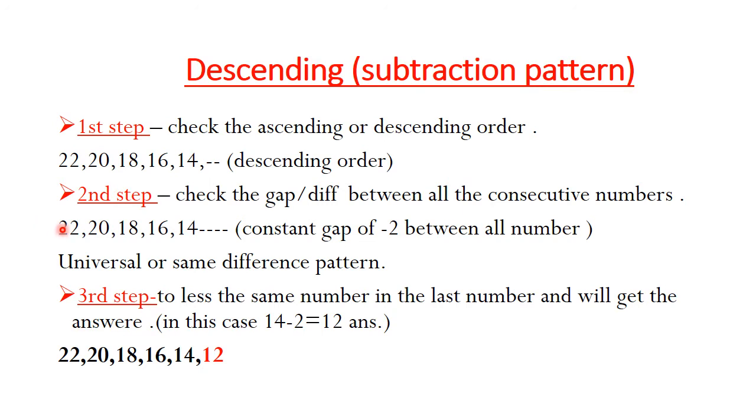If we check the difference between all the numbers, it comes to 2, but minus 2 because the series is decreasing. So whatever the constant difference number, we have to simply subtract this 2 from the last number of the series, that is 14. 14 minus 2 is equal to 12. So our answer is 12. We complete the series as 22, 20, 18, 16, 14 and 12.